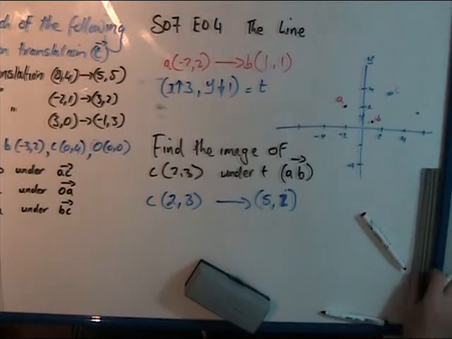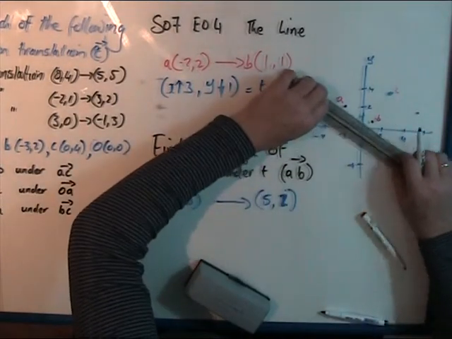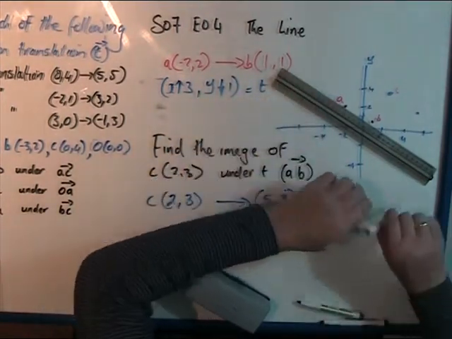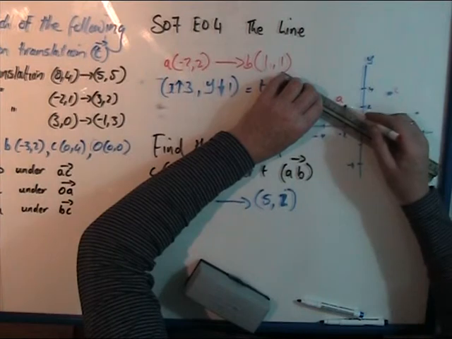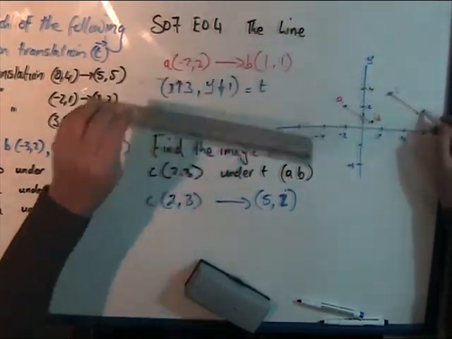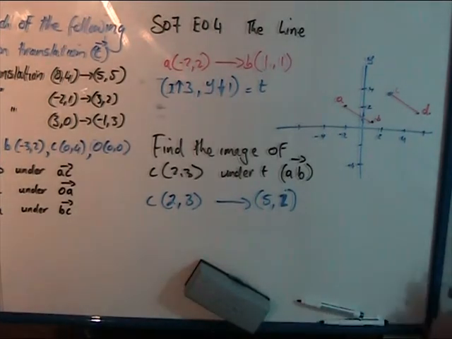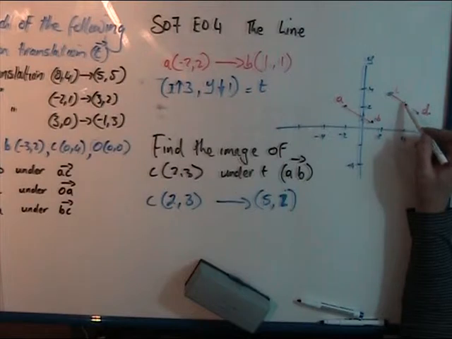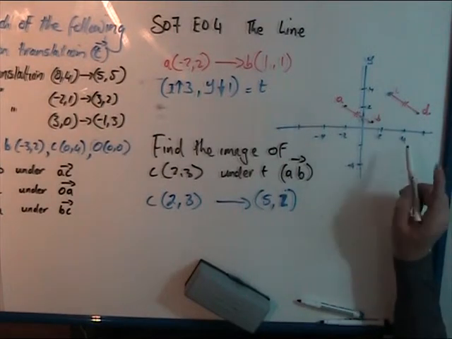Now there are a few things we want to note here about these lines. We have AB, this is the AB translation, and this is the C to D translation. So this is your final. What you must remember about these is that these lines are equal in length. That's very important.